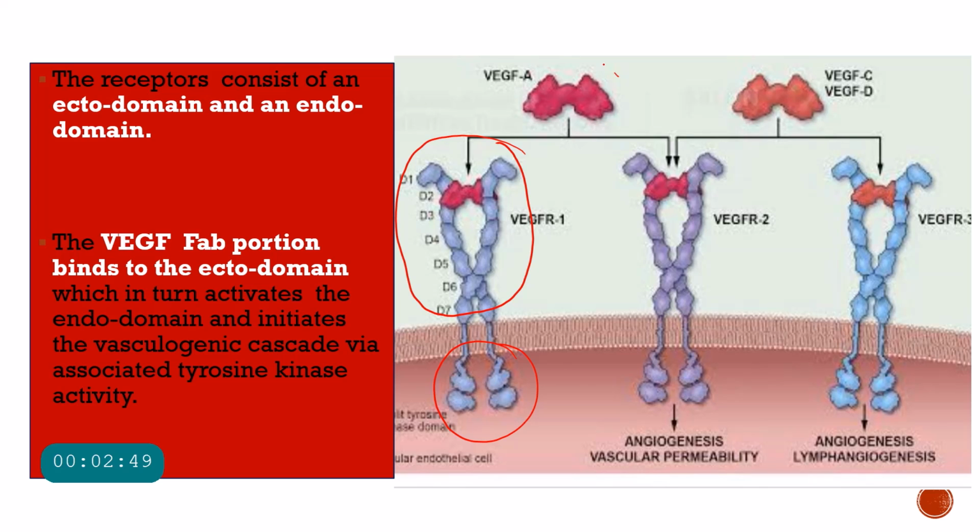The dimeric VEGF protein is going to come and bind to the part of the receptor which is present outside, that is the ectodomain, and then it will initiate tyrosine kinase activity leading finally to angiogenesis. Why this is so important is that in recent advances, a lot of tyrosine kinase inhibitor drugs have come up, apart from the anti-VEGFs.